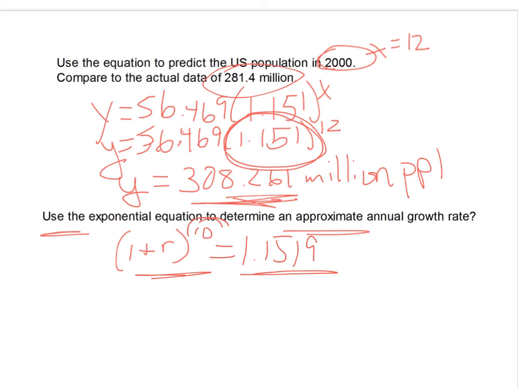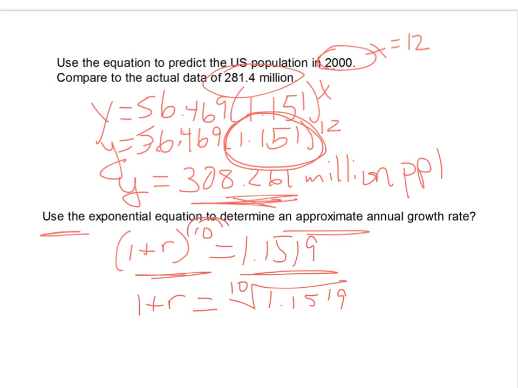All right, so if we have to solve for R to figure out the growth rate, we have to do the 10th root of both sides of this. So if you do the 10th root, I'll let you do that in your calculator. I'm going to do it all at once as I write it down here. I don't know why I did 4 decimal places.